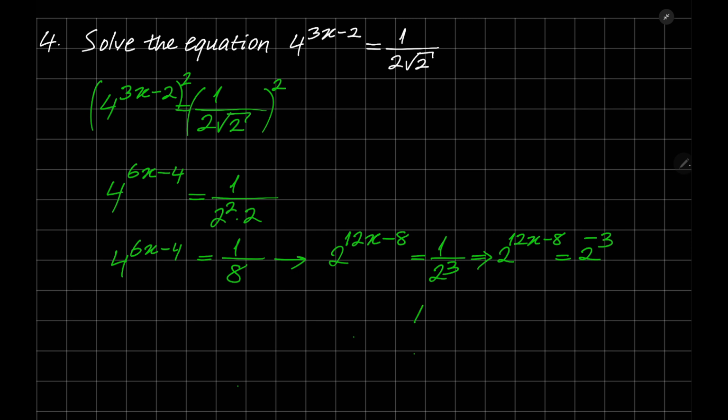Then 12x minus 8 is equal to negative 3. That means 12x is equal to 5, which implies that x is equal to 5 over 12. That's the answer.